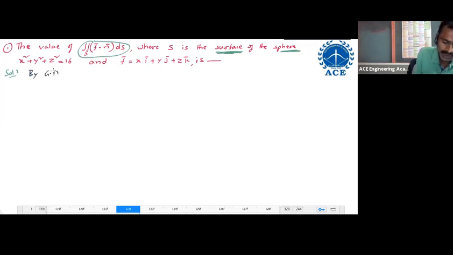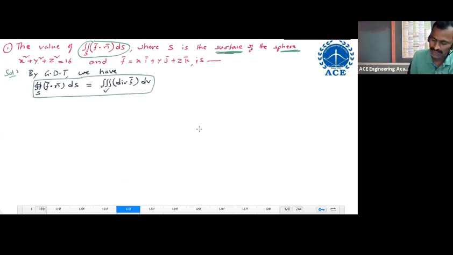By the Gauss divergence theorem, we have the double integral over S, with the circle symbol on the integral sign, of F bar dot n bar dS equal to the triple integral over V of div F bar dV. It is just like Green's theorem.